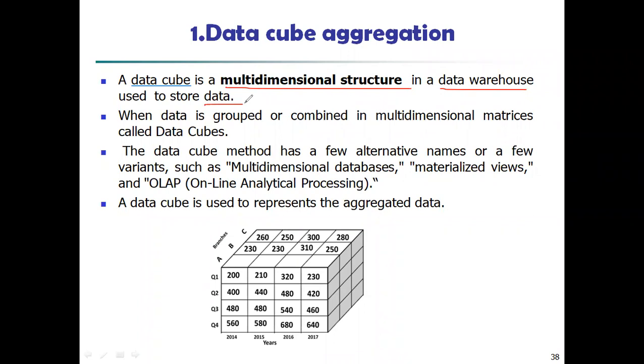For example, in general cases, how do you save the data in databases? In the form of tables, a collection of rows and columns, isn't it? In DBMS, you have learned the storing of data in the form of rows and columns or tables.